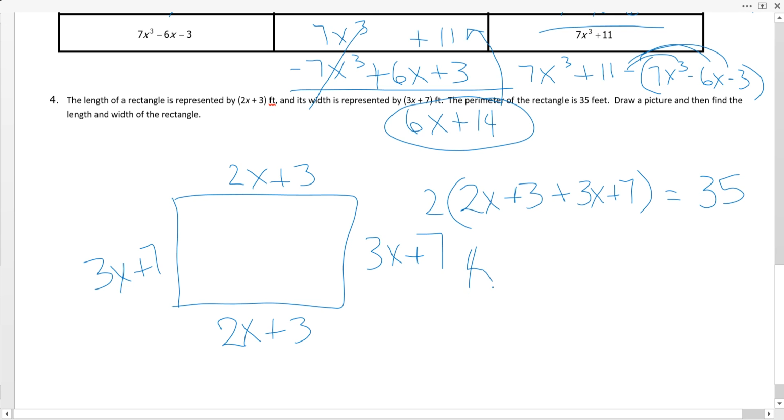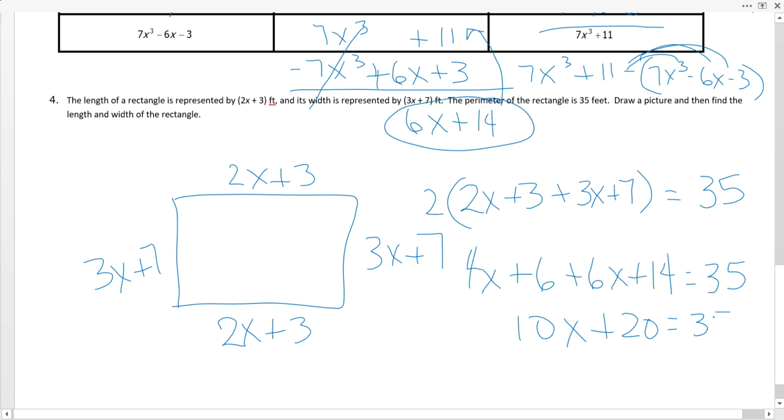So that gives me 4x plus 6 plus 6x plus 14 equals 35. 10x plus 20 equals 35. 10x equals 35 minus 20 is 15.